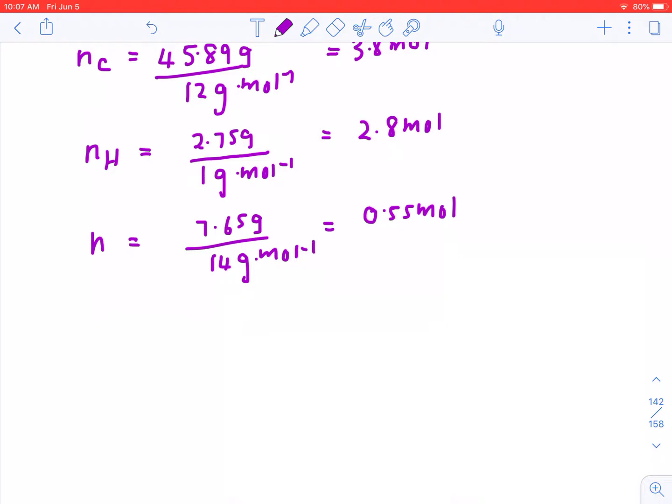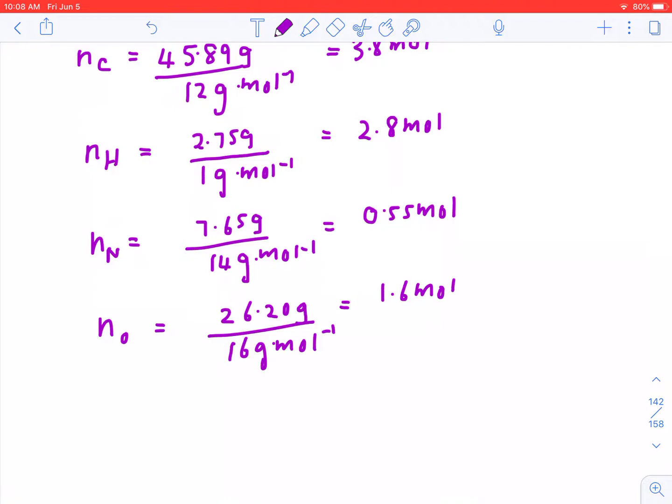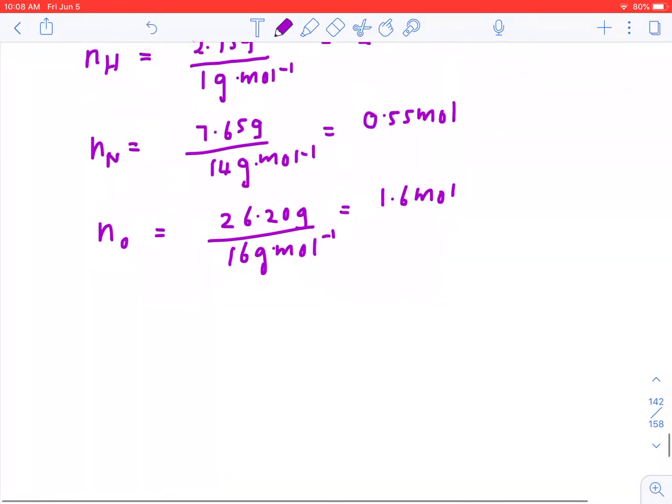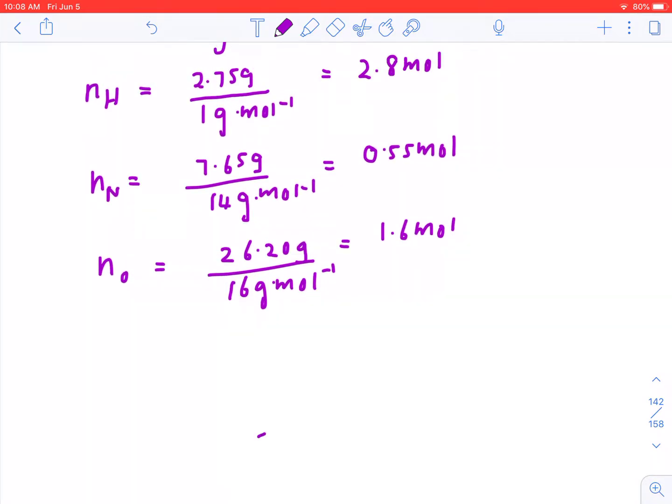That's nitrogen, and then N of oxygen is equal to 26.20 grams, because there's the mass we have, upon 16 grams per mole, and that gives us 1.6 moles. Okay, and then we have N of sulfur.